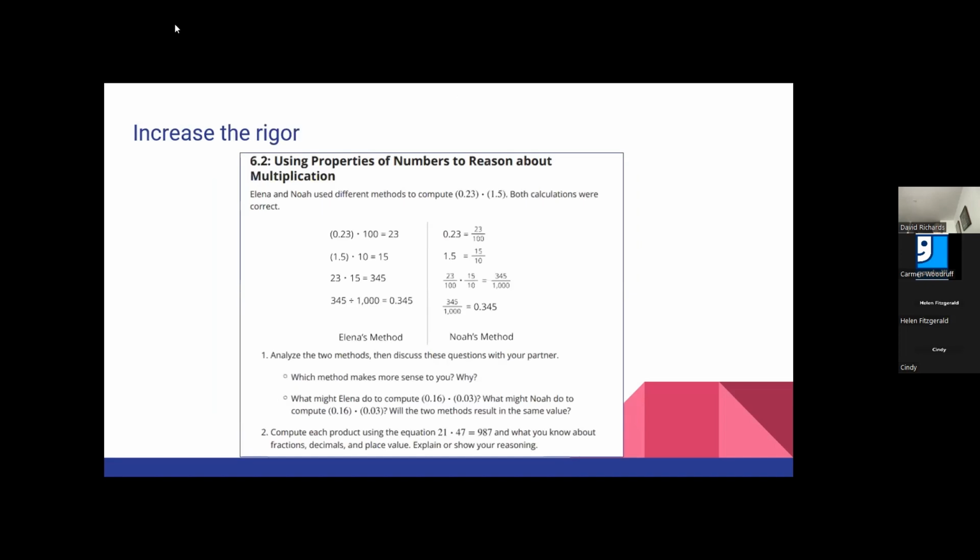We increase the rigor here, then you can see how we're using properties to reason about multiplication, right? Elena and Noah use different methods to compute 23/100ths times 1 5/10. Both calculations were correct. And as a sidebar, when you give students 2 different methods, they ultimately make connections with one of those methods and they start to take ownership.